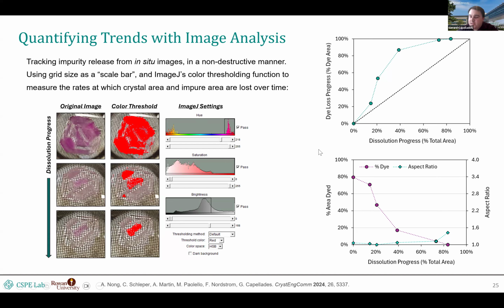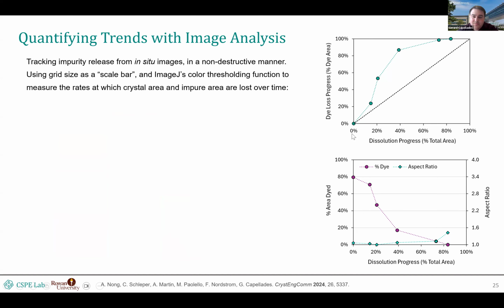But it also helps explain some issues with diagnostics. If you didn't know all of that I've been presenting, if you didn't have those images, and you grab some powder and dissolve 20% of that powder and 60% of the impurity leaves the powder, where would you think those impurities are? You would think those are surface adsorbed impurities.